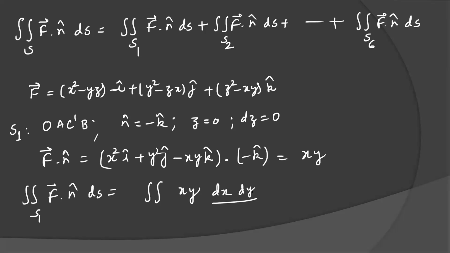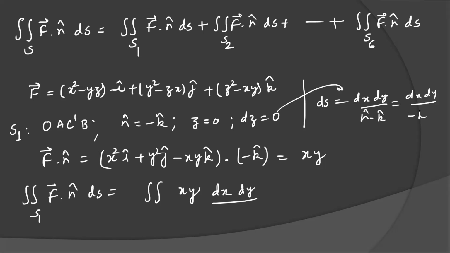Now see carefully here, ds is actually dx dy over n dot k cap in the xy plane. Here n is minus k cap, so this is minus k cap into k cap, so it will be minus dx dy.